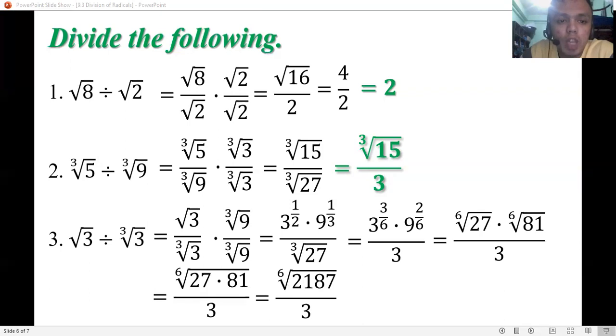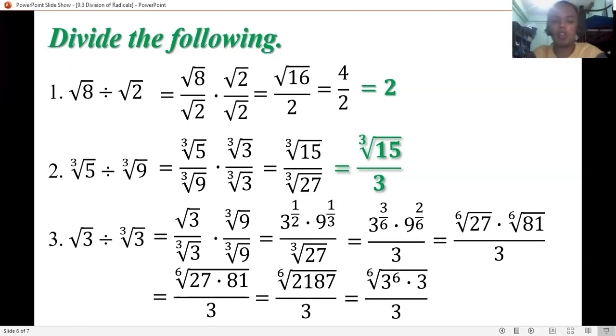Pwede ba? 729. 2,187 divided by 729, pwede. So, magiging 3 raised to 6 times 3 over by 3. Sa 6th root tayo, pwede natin cancel out to. Magiging 3 times the 6th root of 3 over by 3.